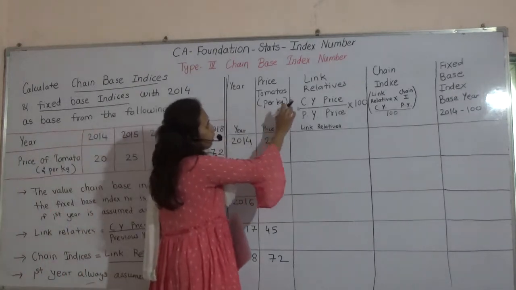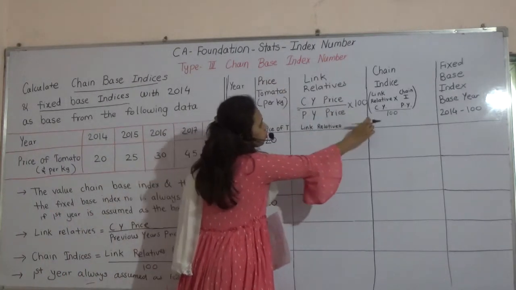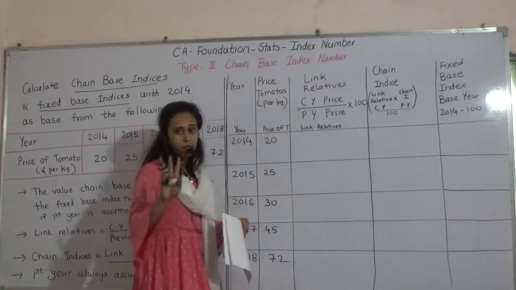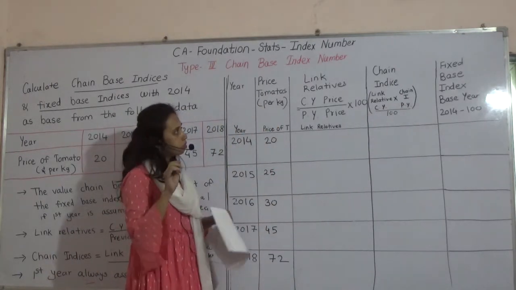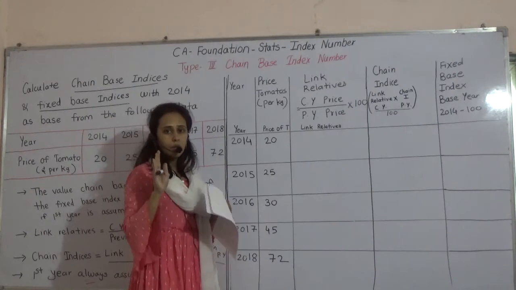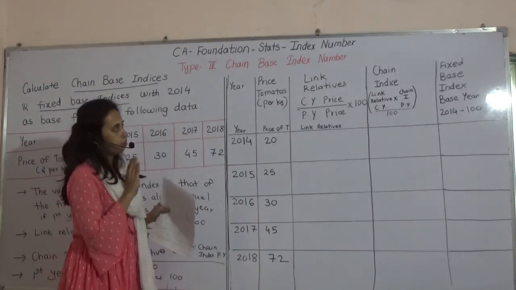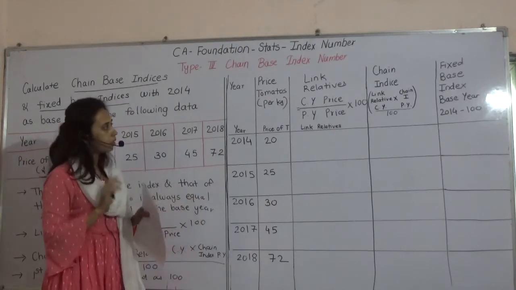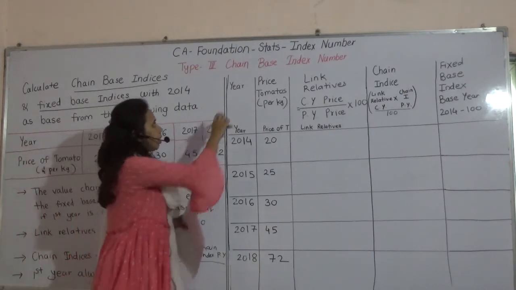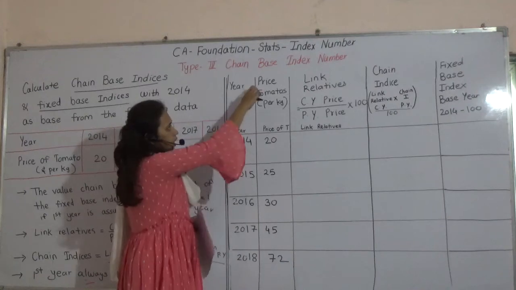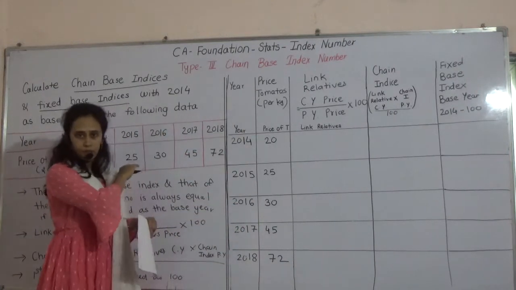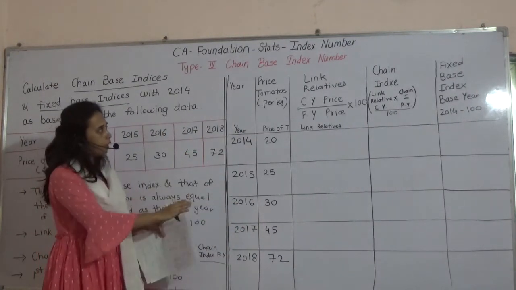We are going to calculate chain base also and fixed base also simultaneously. Why am I taking this in a single problem? So that you will understand what exactly fixed base and what exactly chain base is, and what is the basic difference in the calculation. I have written year and price of tomatoes. Whatever data they have given, I have just copied that.